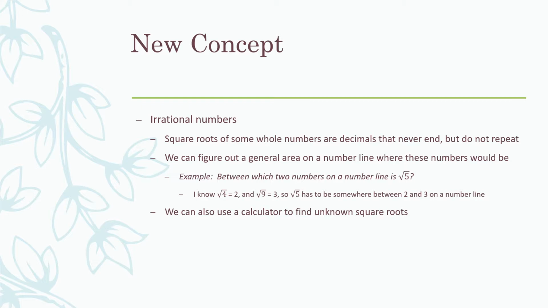So you end up with 2.236067977499979, and it would just keep going on and on, but the calculator only shows so many numbers. So it was definitely closer to 2 than it was to 3.